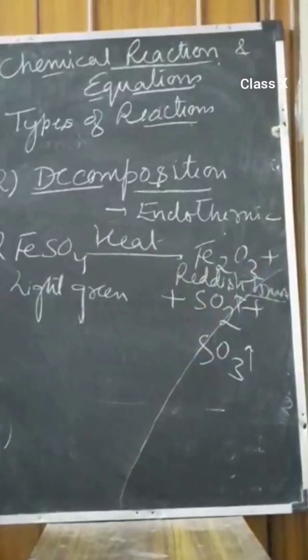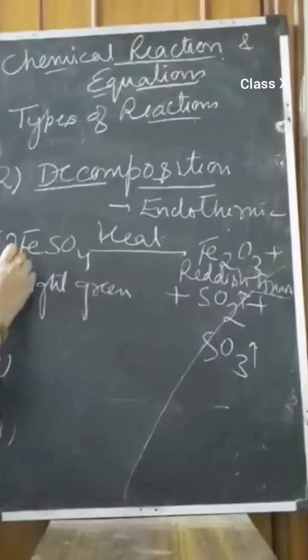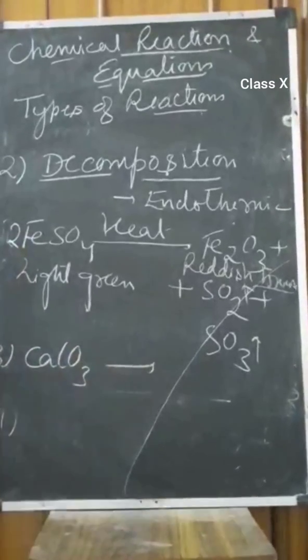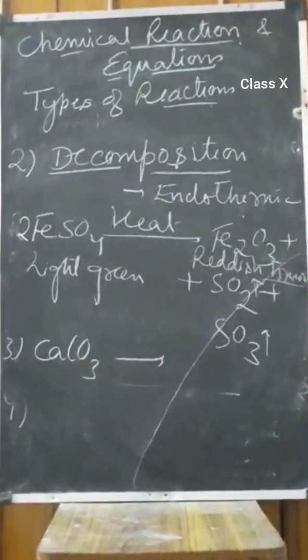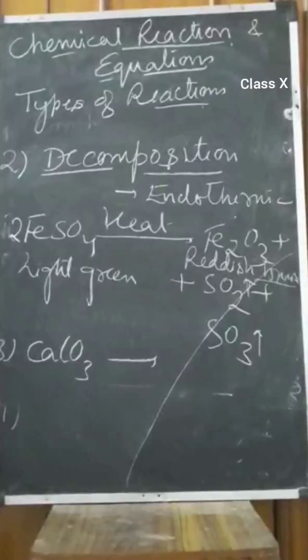Now one more example is calcium carbonate. Calcium carbonate is marble, or the chalk we use is also made up of calcium carbonate. Its common name is limestone.